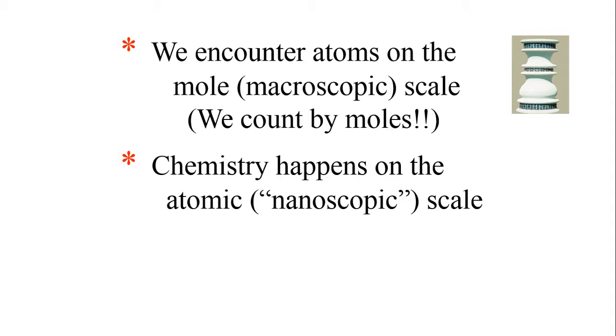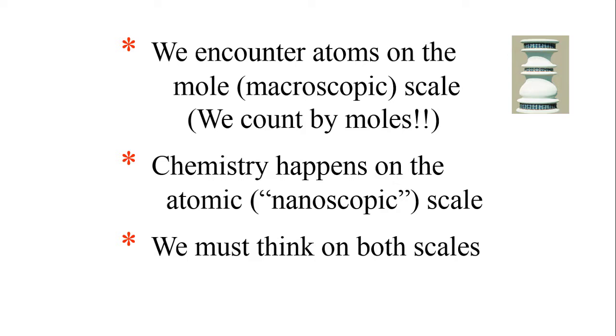How the individual atoms and molecules act when they encounter each other one by one dictates what happens in chemistry. We must think on both scales. We do our experiments on the mole scale, but at the same time have to think about what is going on at the atomic scale.